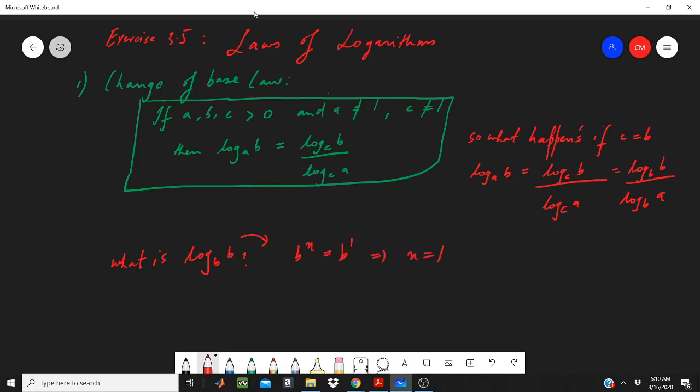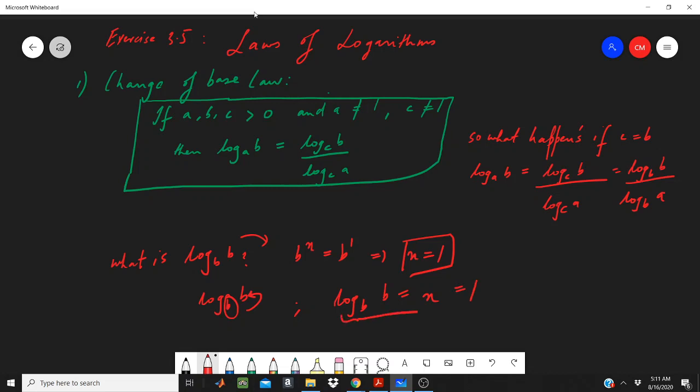So the logarithm here, log_b b, is just the exponent to which you need to raise b to get this other b, and that exponent is x equals 1.